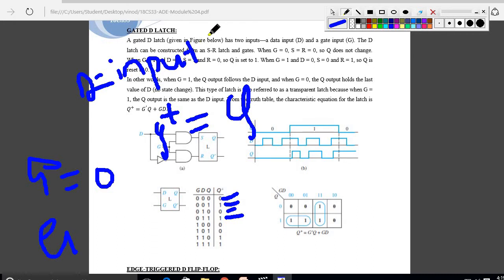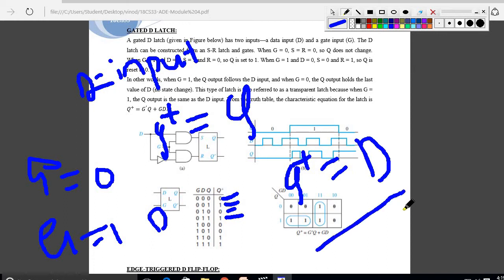When your gate input is 0, irrespective of the D input, your next state always stores the previous value. When G is 1, irrespective of your previous value, Q plus always follows the D input. Whatever the D input is, that should be your Q plus output if the gate is 1, irrespective of the previous value.